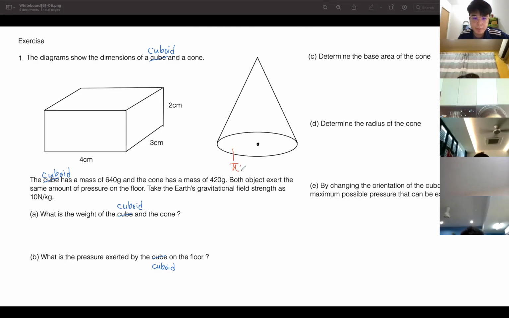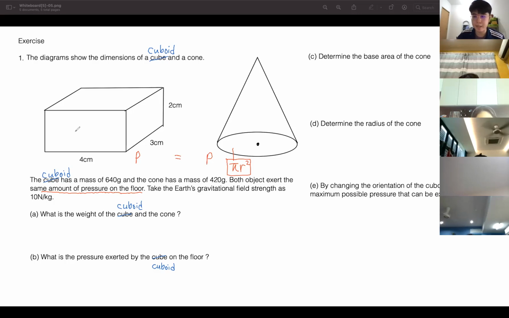Circle, pi r squared. How to find the base area? You see the hint given in the question. It says that the same amount of pressure is exerted by both objects, meaning this pressure is the same as this pressure.